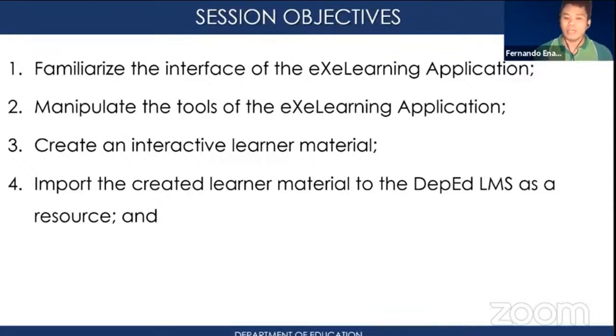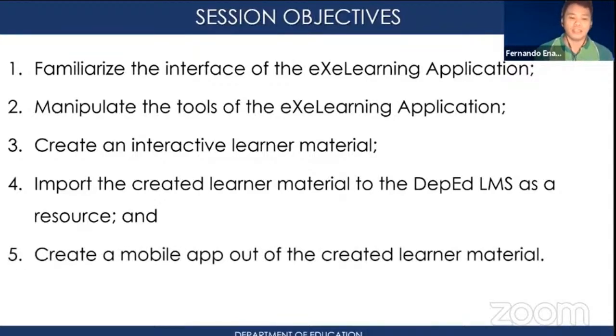And the fourth one is to create a mobile app out of the created learner material. Whatever our output in the eXeLearning application is, we can easily convert it. You've discussed mobile app development 2 times already, part 1 and part 2, so this is not a new concept for you.